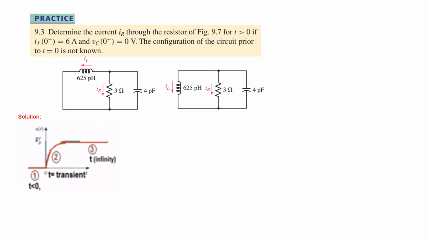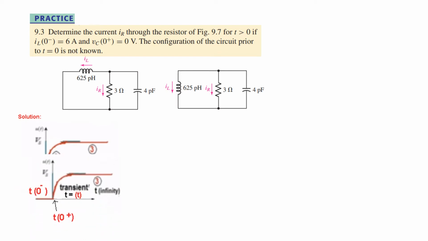Prior to t = 0, this is the t less than 0 area. If you just keep in mind a capacitor charging, then the capacitor will gradually charge. So this region is called the transient region, and after some time, the capacitor will fully charge and the circuit will get stabilized.